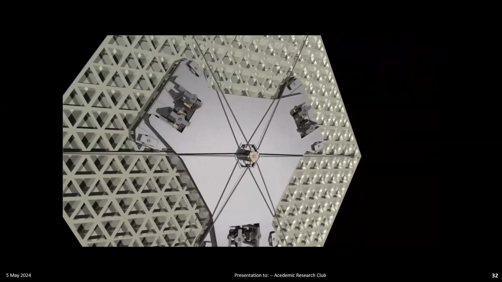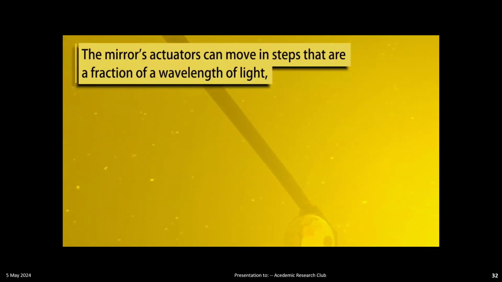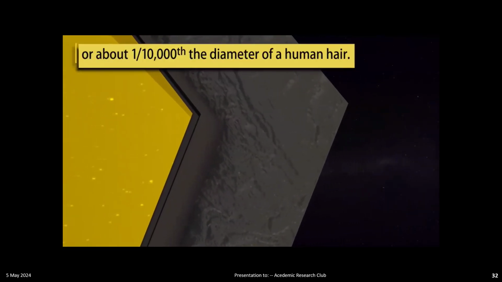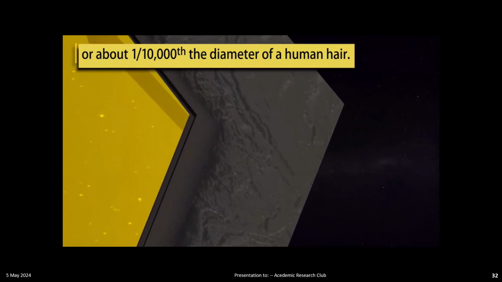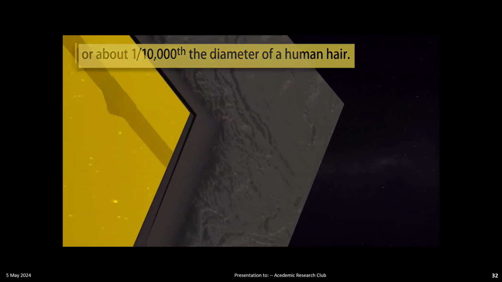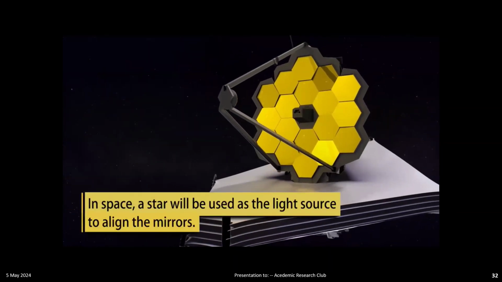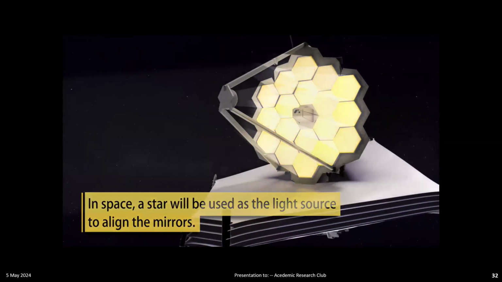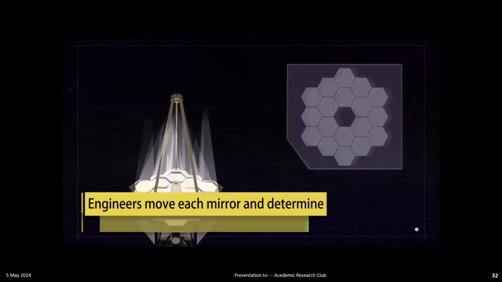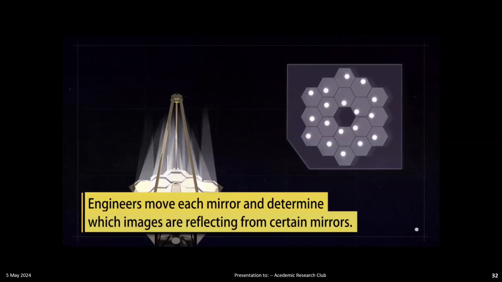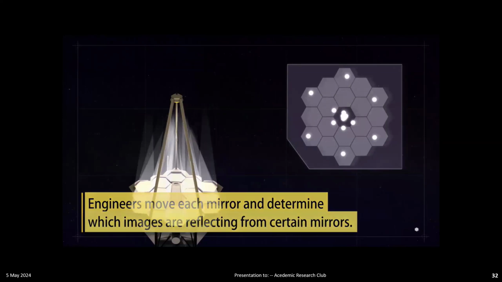So when we first pointed this telescope at a star, we get 18 separate images of that star. Then we would move each segment to figure out which image went with which segment. And then we would adjust all the segments to put those 18 images on top of each other. Superpose all those images on top of each other.